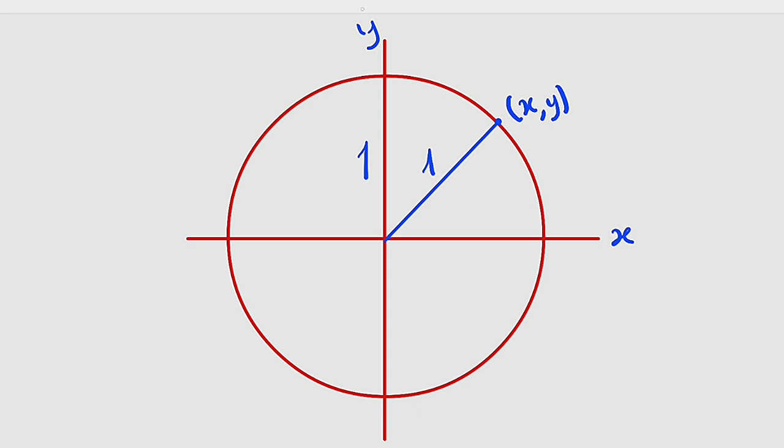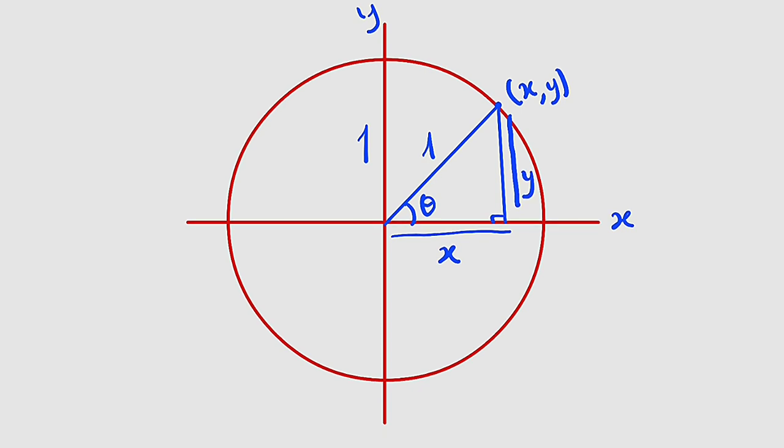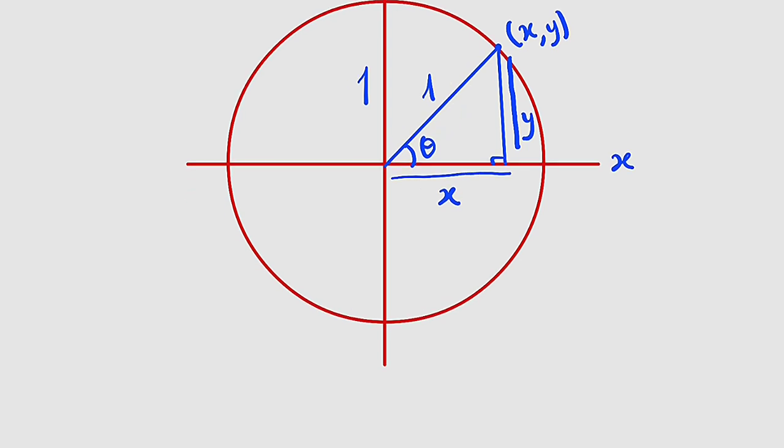To do that, I'm going to form a right angle triangle here. This is a right angle, and we have our angle of reference, theta. So the distance from this to this will give us x, and the distance here will give us y. So how can we express x and y in terms of sine and cosine?